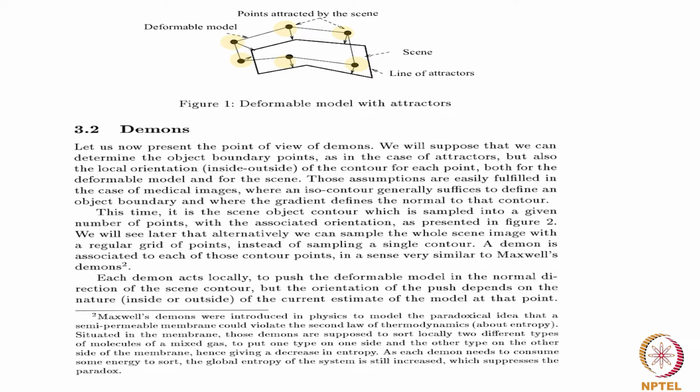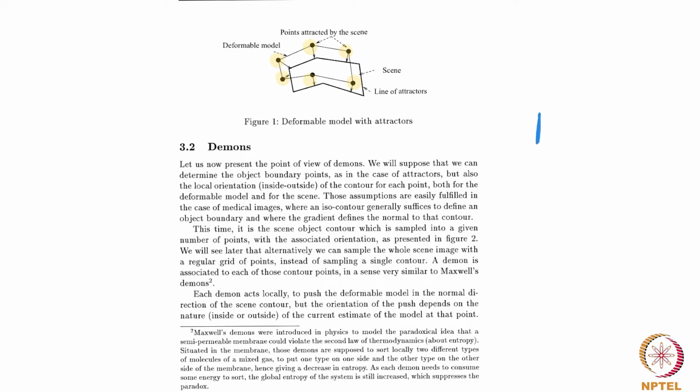Okay. So why are they called demons? Because there's a very similar concept. The demons concept was introduced in physics. The idea is if you have a semi-permeable membrane. So for instance, something like a membrane here, and then you have different types of molecules, A and B, circles and crosses, and then there are these demons sitting here.